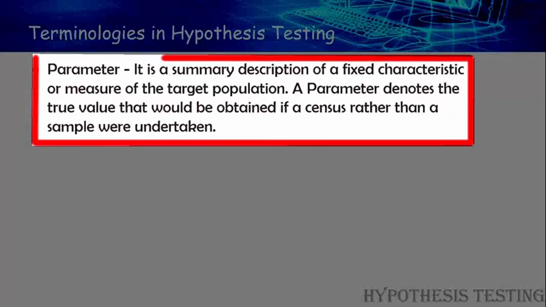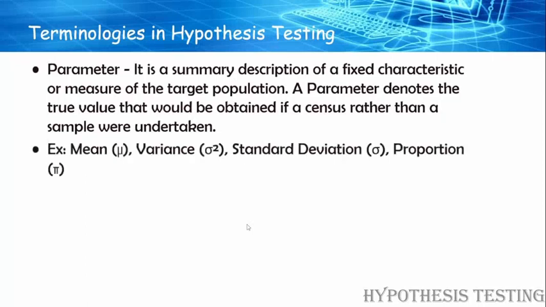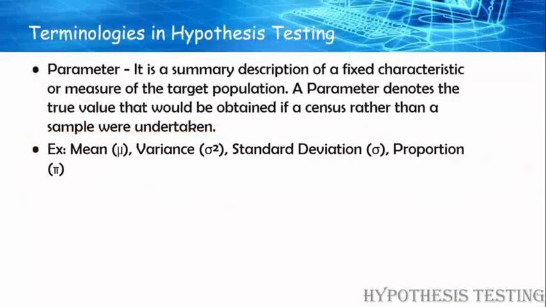A parameter denotes the true value that would be obtained if a census rather than a sample were undertaken. It's not just one particular sample; it is the whole population. What parameters did we find in our previous videos? They were mean, variance, standard deviation, and there is one more, proportion, which we have not covered, but these are examples of parameters.